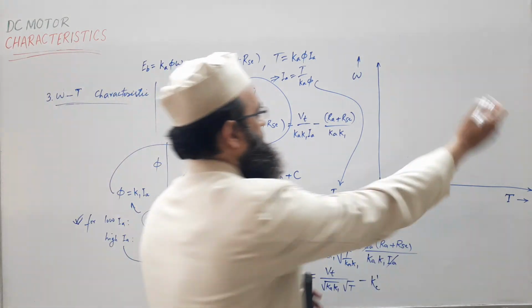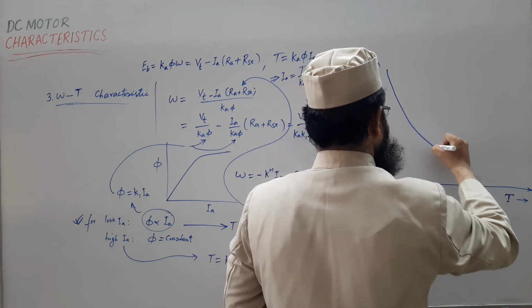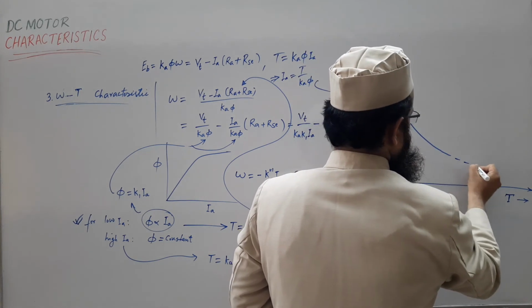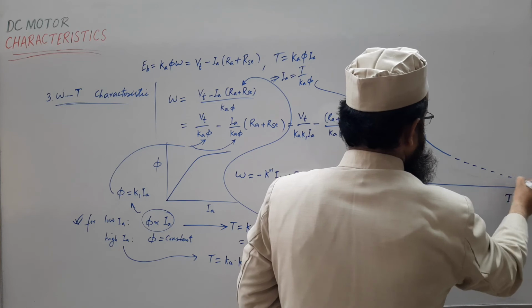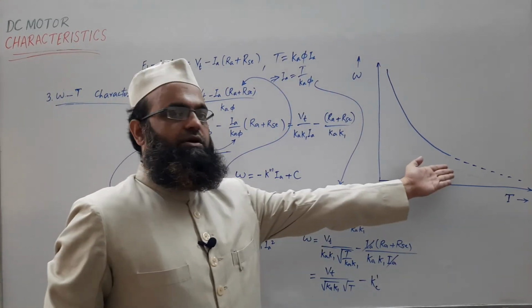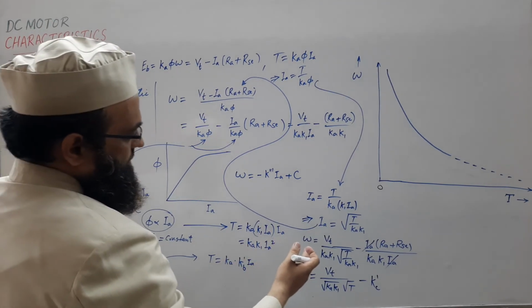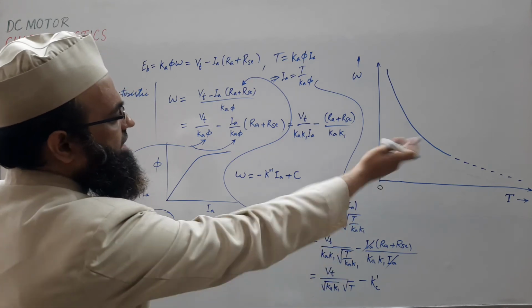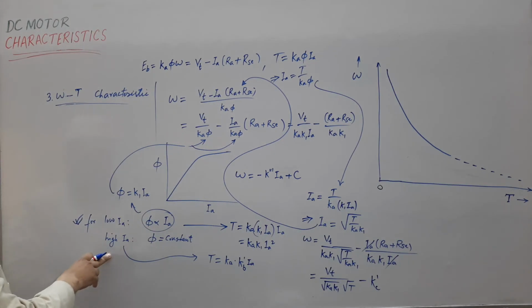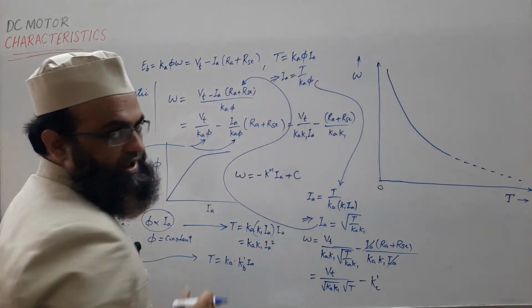So again similar to the first one, speed versus torque, having asymptotic nature. But before discussing the later part, just focus on high value of Ia.